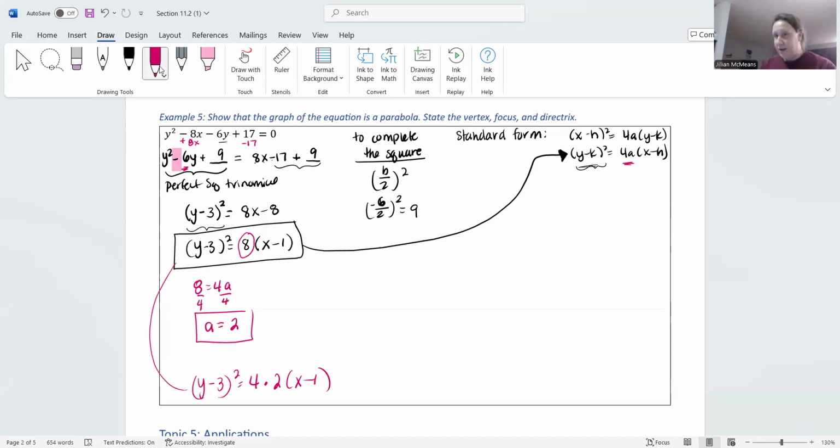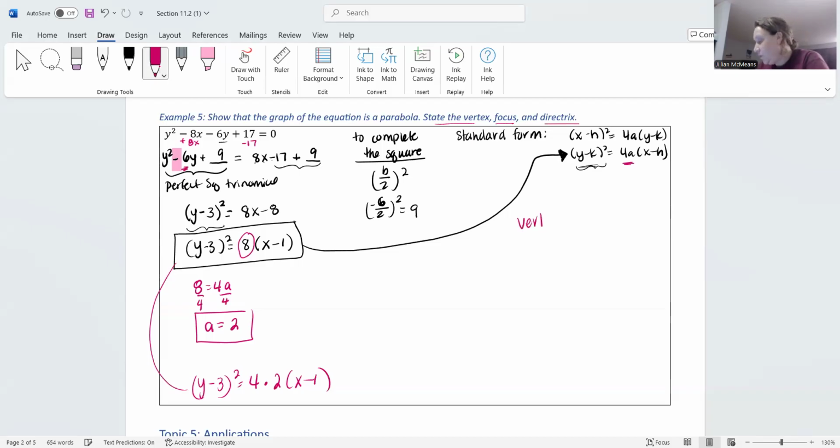We don't generally write the 4 separate from the 2. We would simplify them, but just to prove that we're definitely in that right format with 4 times some constant a times x minus h, we're there, okay? So this problem says state the vertex, the focus, and the directrix. Well, the vertex is pretty easy.